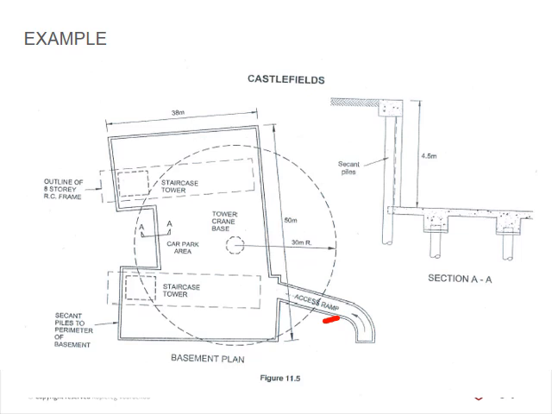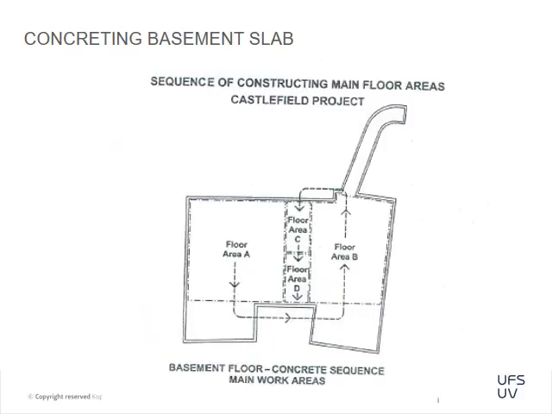So go through that. That's the one example. And then they've got the second example, which is just the concrete pour itself. They just show how they're going to do the sequence of the construction of the main floor area. So they've progressed up to the ground floor, and then they show how they're actually going to pour their ground floor from one side to the other side, and then the permanent access to the basement via this section.